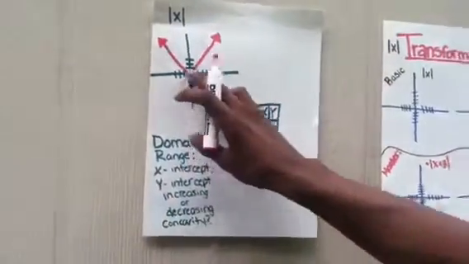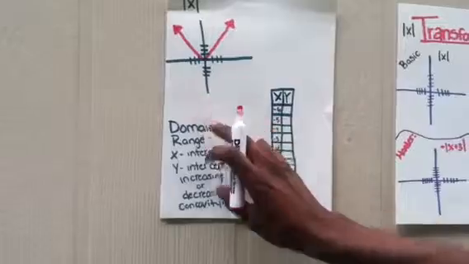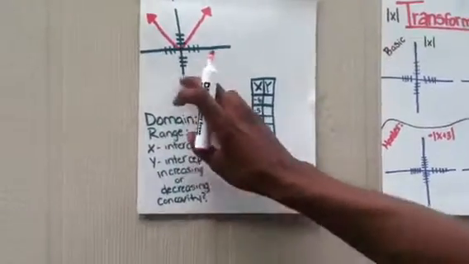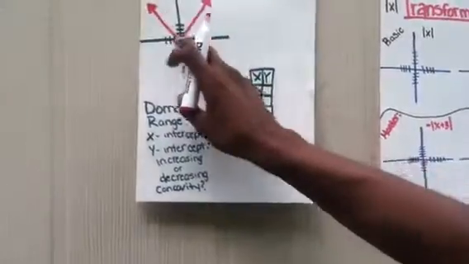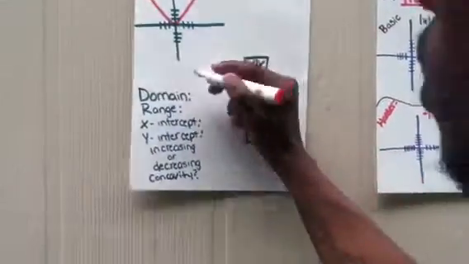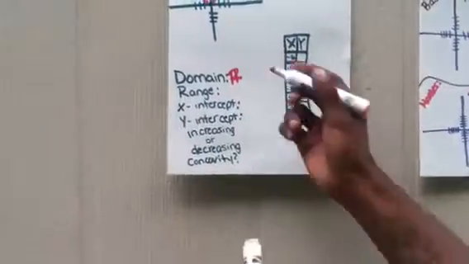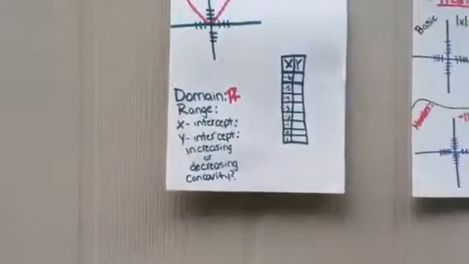Automatically you can tell, based on the x-axis, which is the domain, and the range is the y. Based on the x-axis, all of the x values, the domain is all real values, which is that R with two lines down the middle.